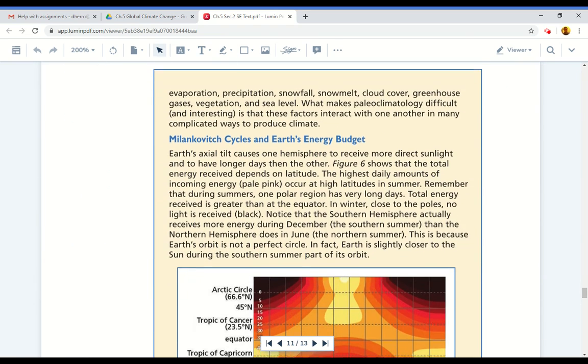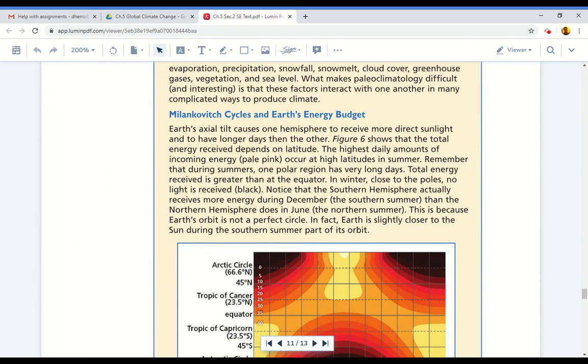They involve evaporation, precipitation, snowfall, snowmelt, cloud cover, greenhouse gases, vegetation, and sea level. What makes paleoclimatology difficult and interesting is that these factors interact with one another in many complicated ways to produce climate.